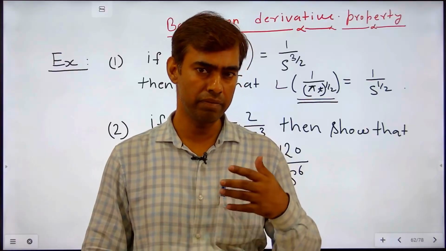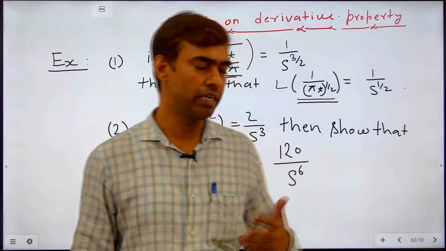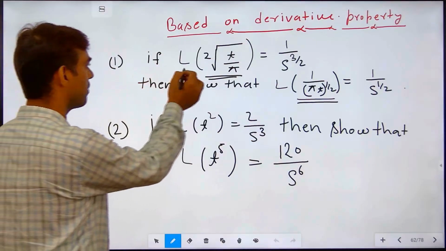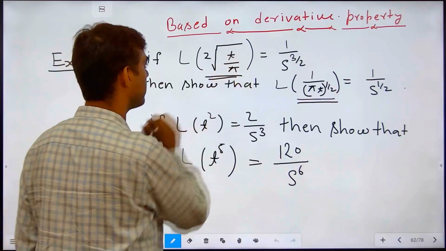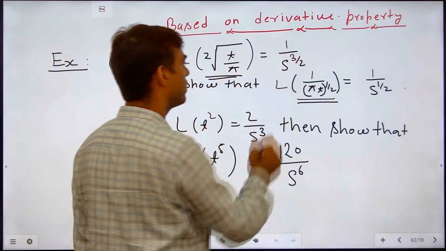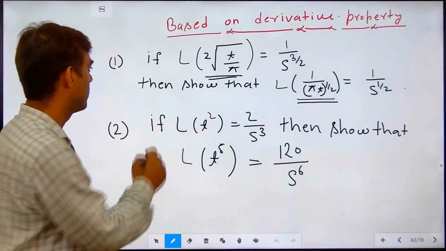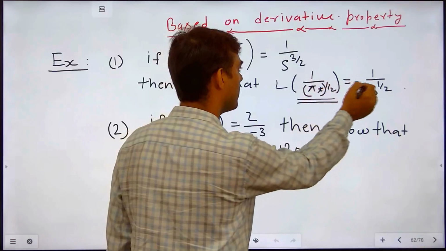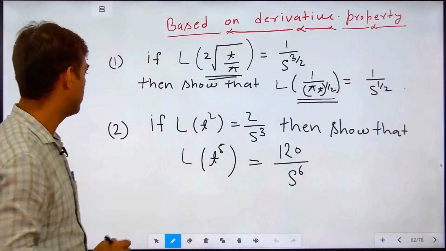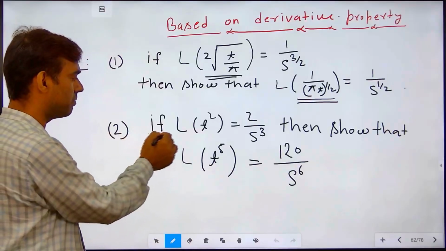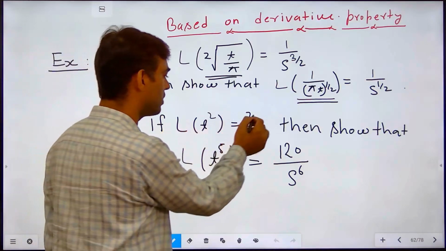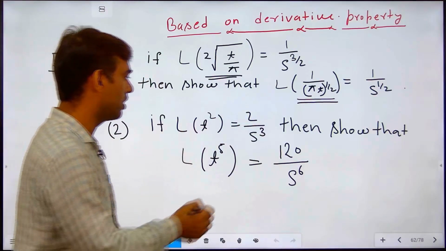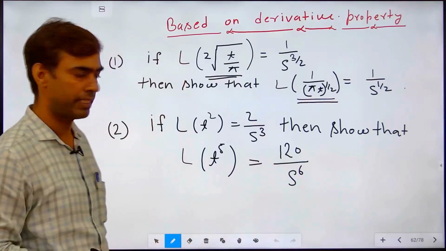Based on this property, here we have already written the problems. The first one is: if the Laplace transform of 2 times the square root of t over pi equals 1 upon s to the power 3/2, then show that the Laplace transform of 1 upon root pi t to the power 1/2 equals 1 upon s to the power 1/2. And the second problem is: if the Laplace transform of t squared is 2 upon s cubed, then show that the Laplace transform of t to the power 5 is 120 upon s to the power 6.